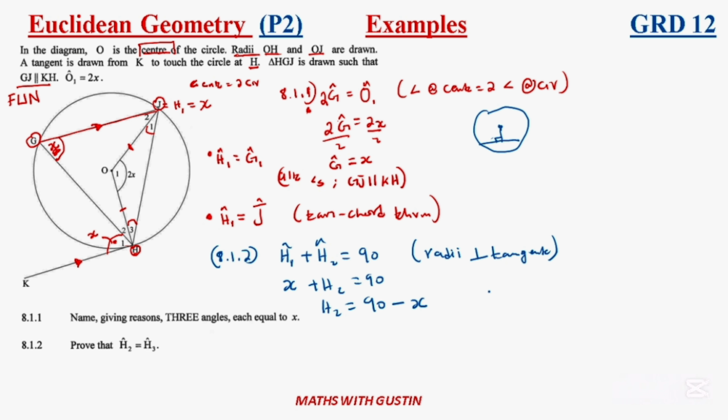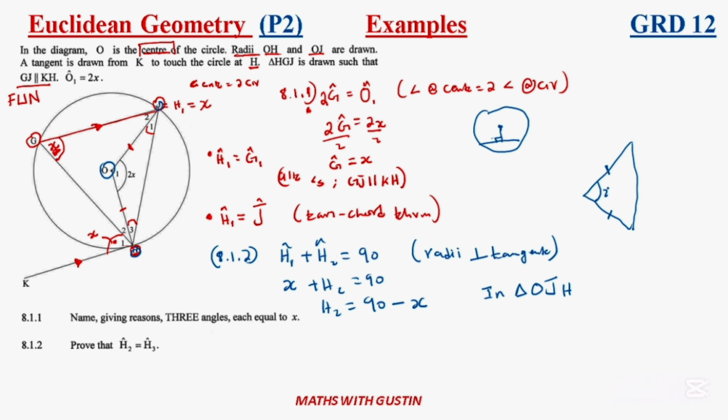So I'm just going to come and edit here. We're going to say, because guys, we've got this triangle here, as you can see, OJH. So in triangle OJH, I'm just going to put it here for the sake of understanding, guys. If you have a look at this triangle here, you've got a radii there, radii there.